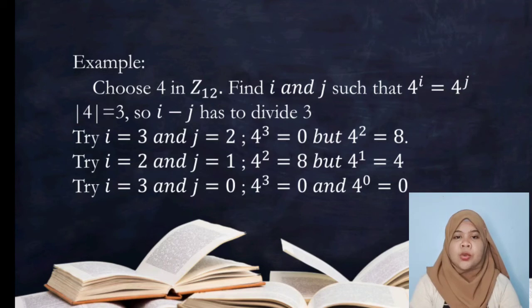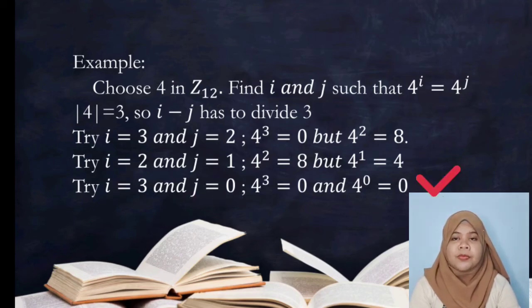Let's try the third one: i is equal to 3 and j is equal to 0. So we have 4 to the power of 3 is equal to 0, and 4 to the power of 0 is equal to 0. Therefore, the only possibilities are 3 and 0, since the values are equal.